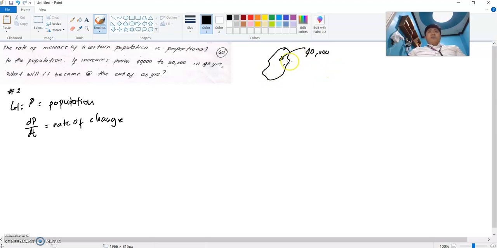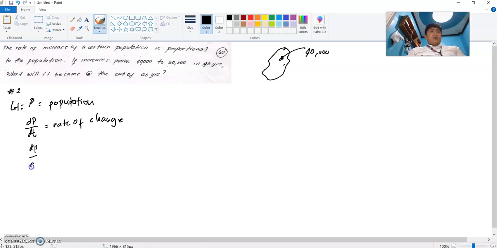So it was inhabited, and then 40,000 people moved in. So at time zero it started at 40,000, then at a certain point the rate of change of its population is proportional to the population.